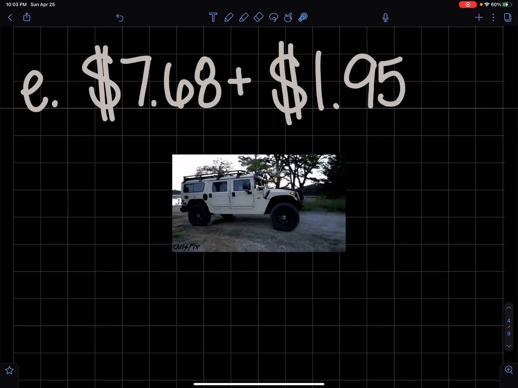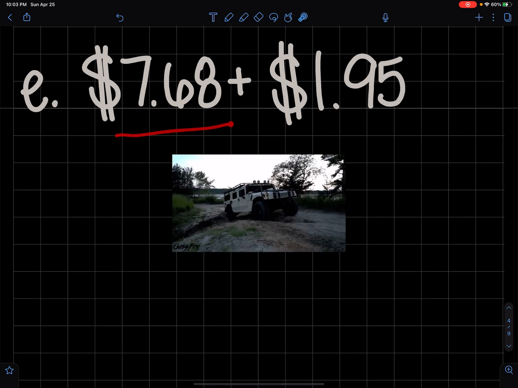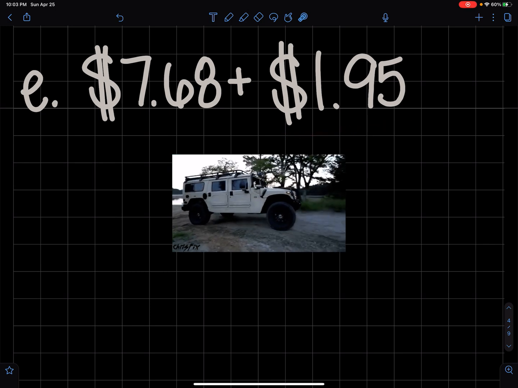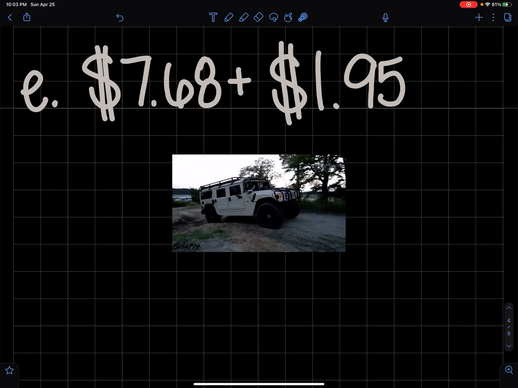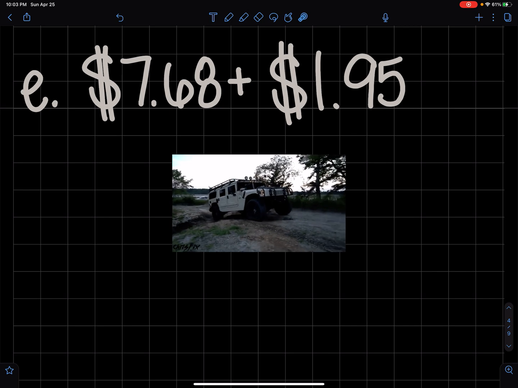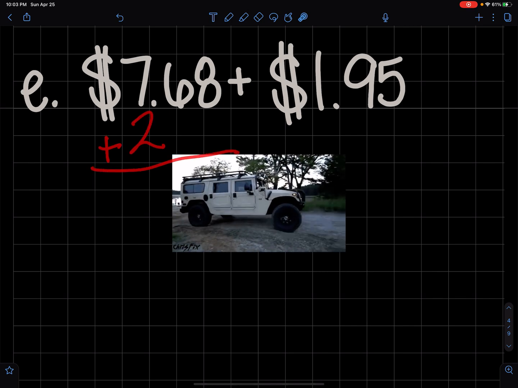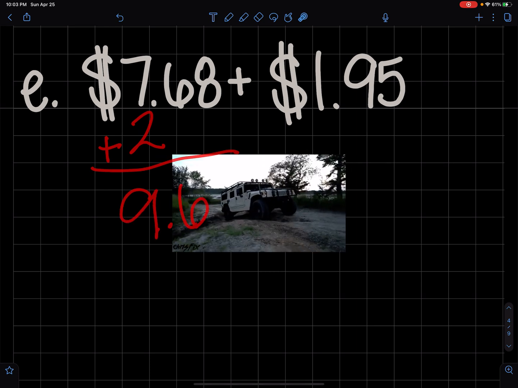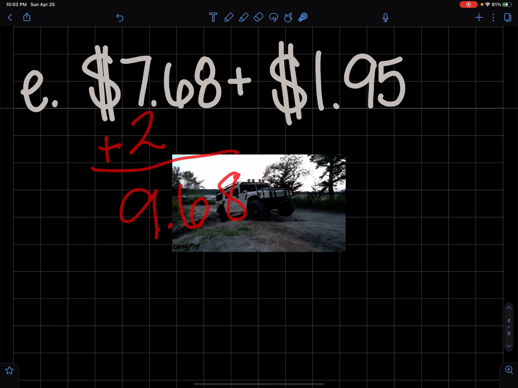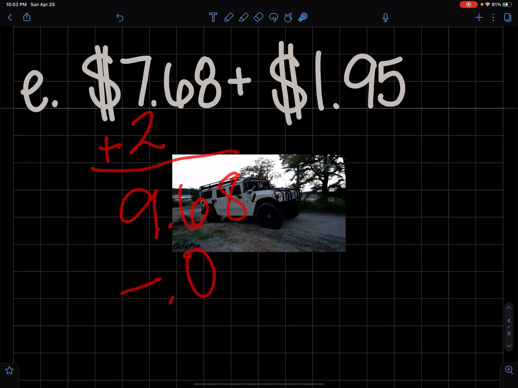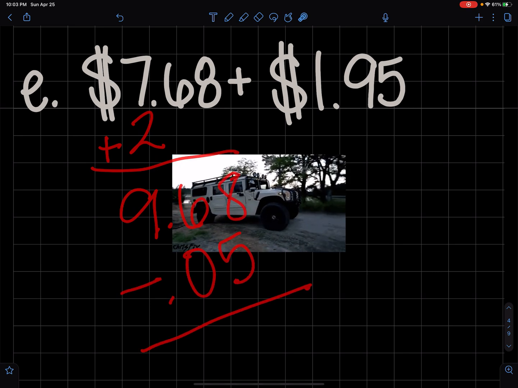Okay, what is $7.68 plus $1.95? So what I would do on this one is just add $2 first. And then I would think, okay, I added too much money, so I have to subtract 5 pennies from that.